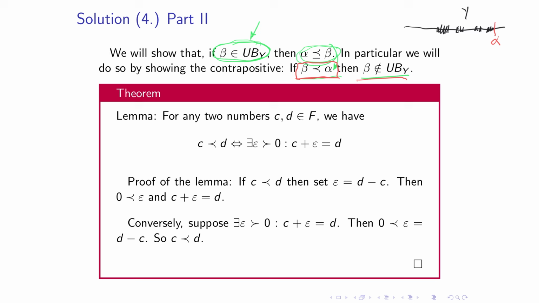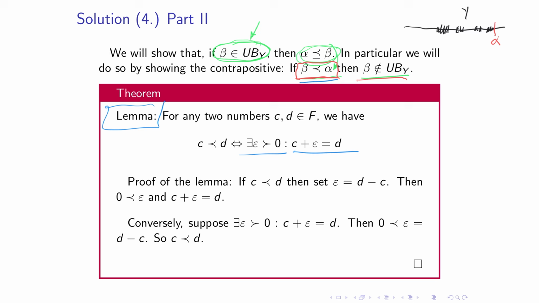Okay. Now, as a useful thing in its own right, though not that deep, I'm going to show a lemma which establishes that beta is less than alpha if and only if there exists a positive epsilon of a certain sort.